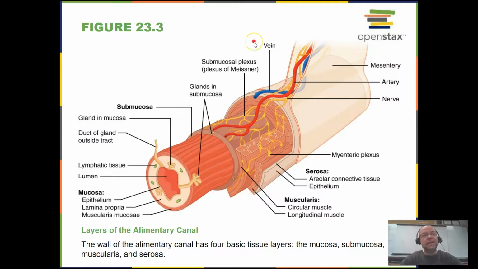One interesting thing is that in your intestines, after you've broken down the food into the nutrients, one of the next steps is to get those nutrients, which are in the lumen of your intestines, out into the bloodstream and then distributed throughout the body. But one of the really interesting things is that instead of that blood going back to the right side of the heart, getting pumped to the lungs to get oxygenated, that blood, which is full of nutrients now from your digestive tract, goes to the liver.